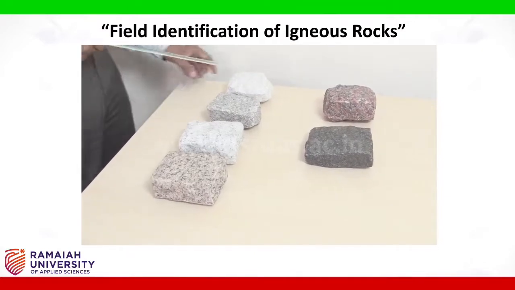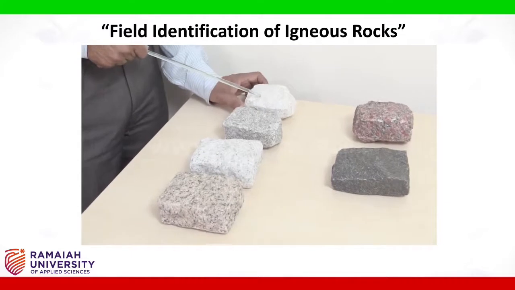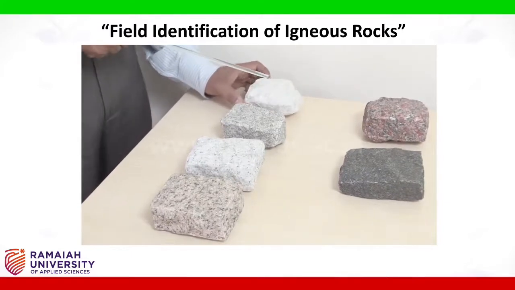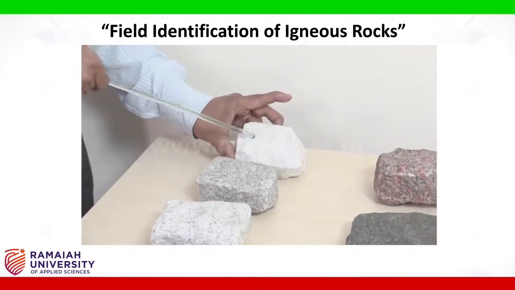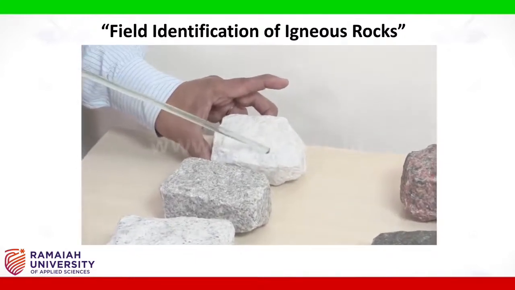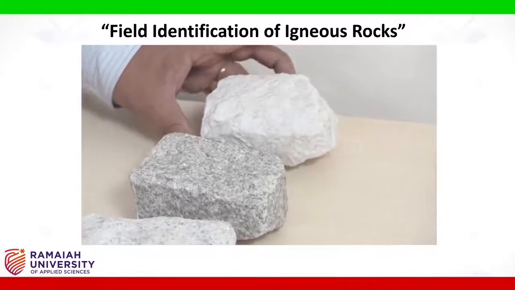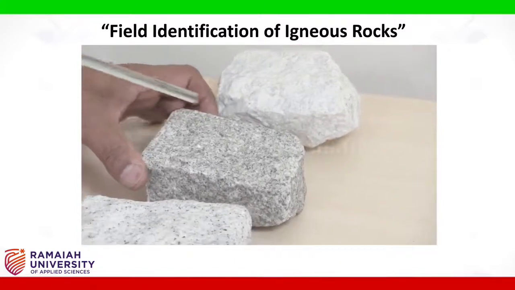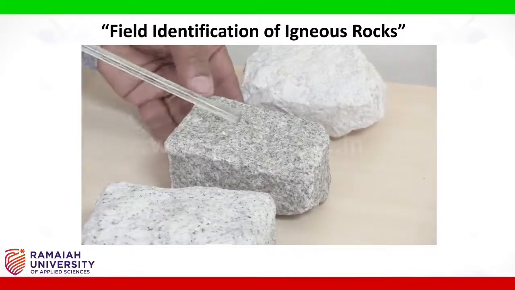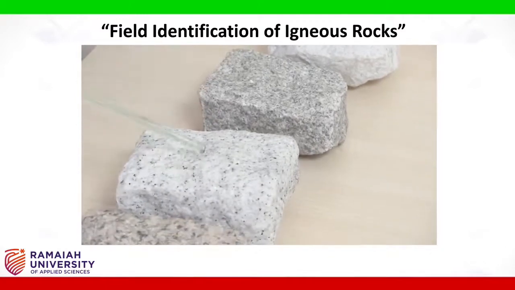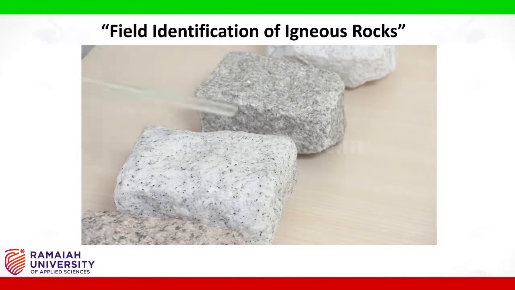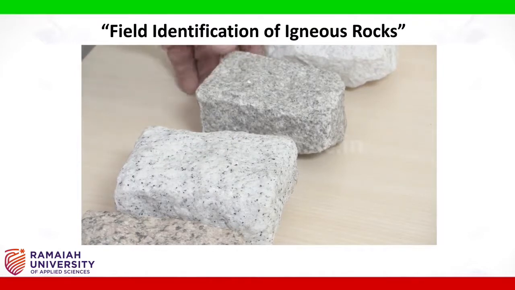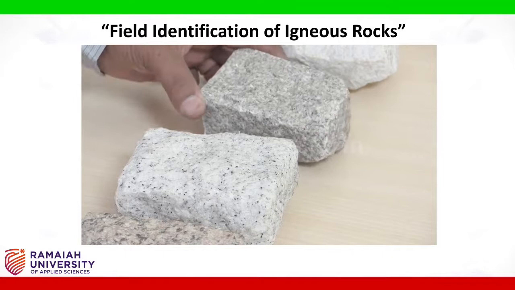Okay, and this is a rock called pegmatite that consists essentially of quartz and feldspar, large grains of feldspar. Okay, and this is granite in two different color shades with slightly varying quartz feldspar content, along with biotite mica, as discussed before.